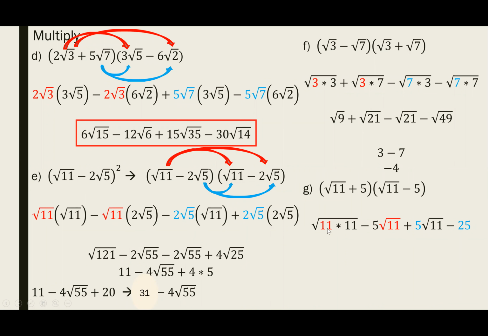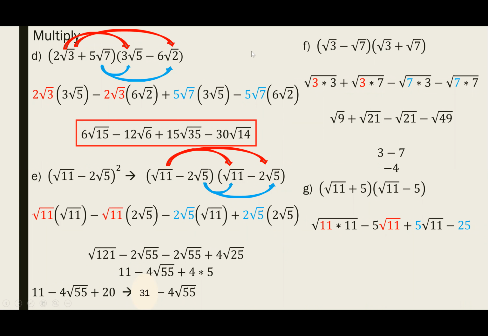If you see this, 11 times 11 under the radical, it's just basically 11 on the outside. Negative 5 times square root of 11 gives me negative 5 square root of 11. 5 times square root of 11 gives me positive 5 square root of 11. And 5 times negative 5 gives me negative 25.